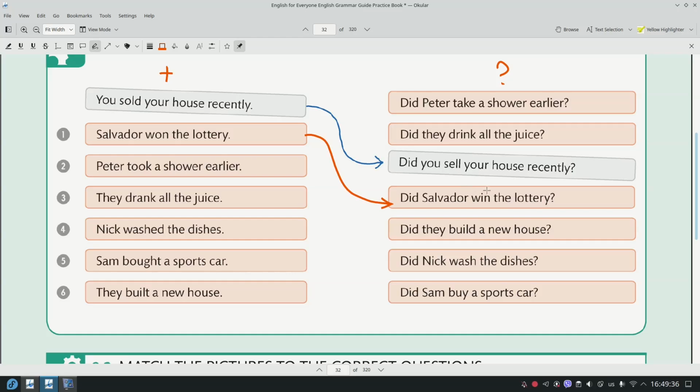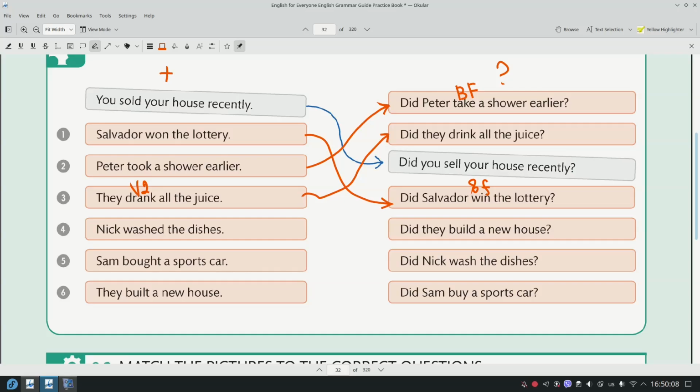Don't forget, base form. Peter took a shower earlier. Did Peter take a shower earlier? Base form. They drank all the juice. The second form. So, did they drink all the juice?